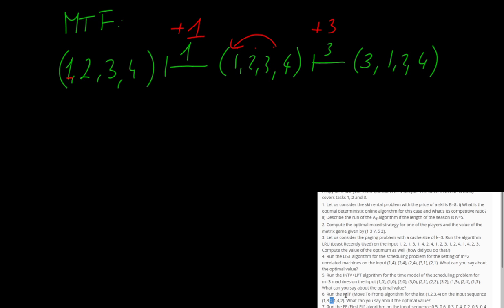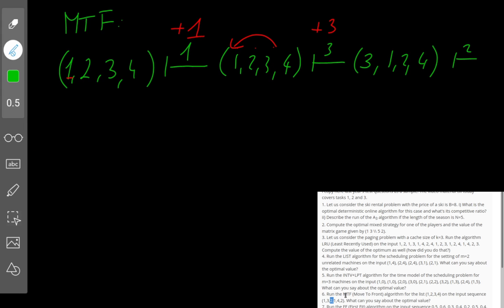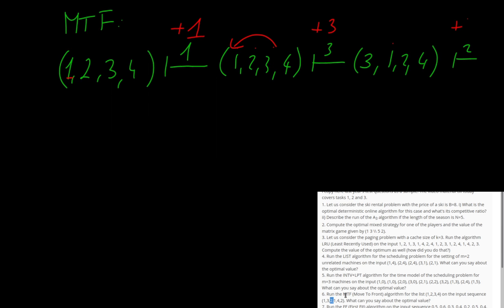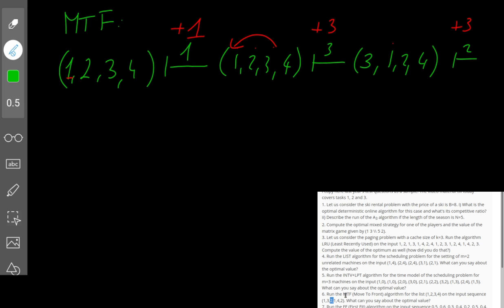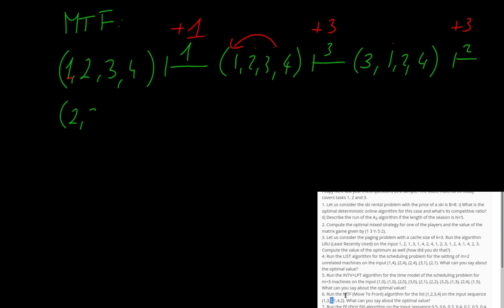Okay, and then comes the request for 2. Now the request for 2 is not a very good one because the 2 just got behind, so it's 1, 2, again a cost of plus 3, which is again pushed to the front, so the current list will be 2, 3, 1, and 4.